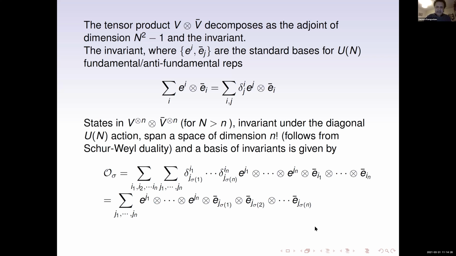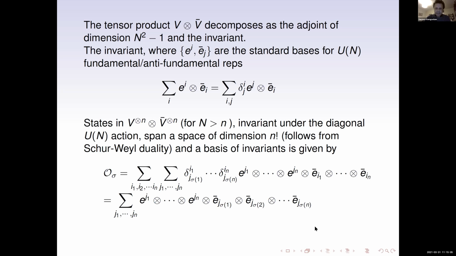Explicitly, you can write what these invariants look like by taking tensor products of these basic fundamental representation vectors and the anti-fundamental ones, with indices j1 to jn, i1 to in, and contracting the i indices with the j's. You could have i1 j1 up to in jn, or i1 up to in with some permutation of these indices. Then you sum over j1 to jn, with e bar j sigma of 1 up to sigma of n.